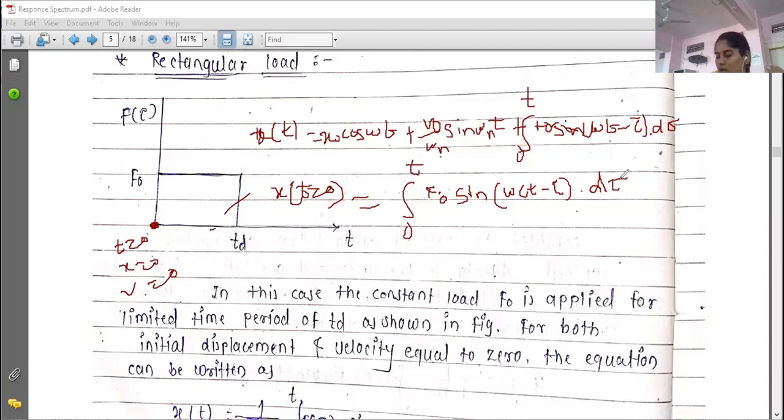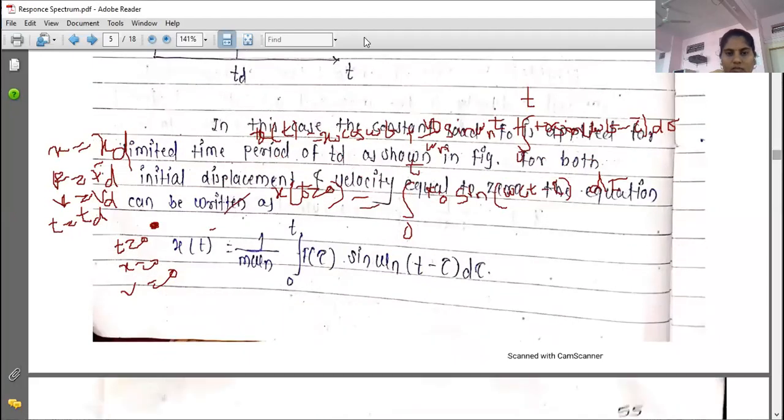Only this much remains because of the initial boundary condition at t equal to 0. But if we take time t equal to t_d, then f will become f_d, v will become v_d and x will become x_d. Okay, so that is the difference over here. Now we'll see what changes there will be.